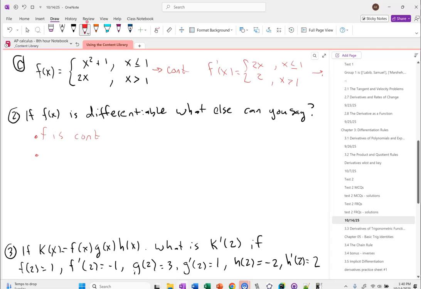We can't say that the derivative of f is differentiable. That's not guaranteed.